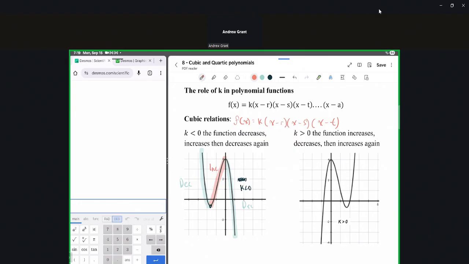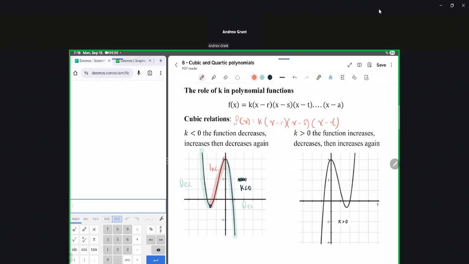So cubics in general look like this. They will have a slightly different shape if you don't have as many x-intercepts, but if you have 3 different x-intercepts, it'll look something like this. Now, it could be raised up a little bit or raised down a little bit.